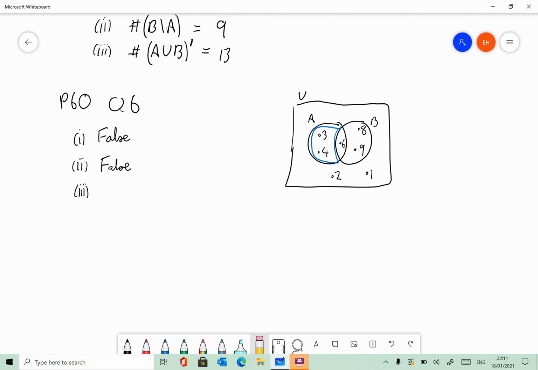And there are 3, 4, 6, 8, and 9. So there's 5 elements in A union B, so it's not that. So that's also false. And then IV, which is the size of A union B complement. So that's everything that's not in A union B but is in the universal set, is 2. And that is true because there's only 2 elements out there, the number 2 and the number 1. So we've answered it. Which of the following statements is true? Well, it's statement number 4, IV.